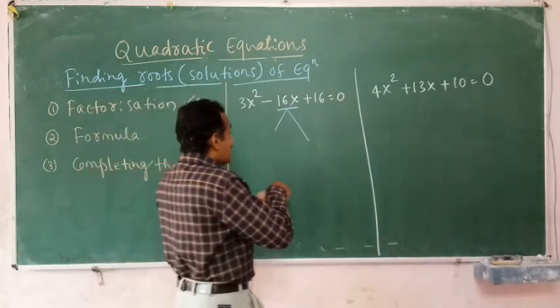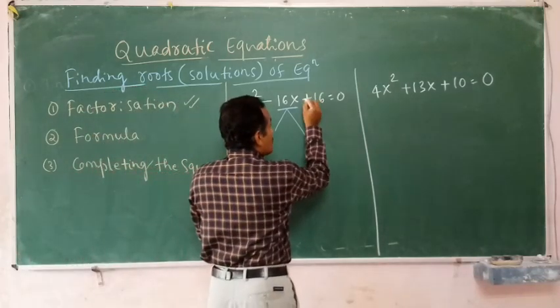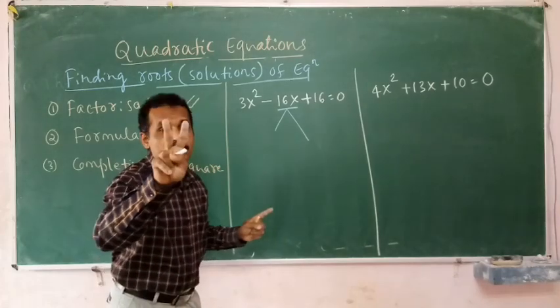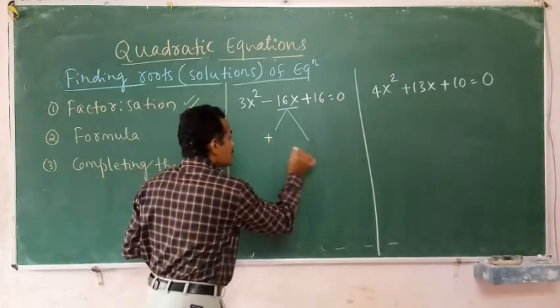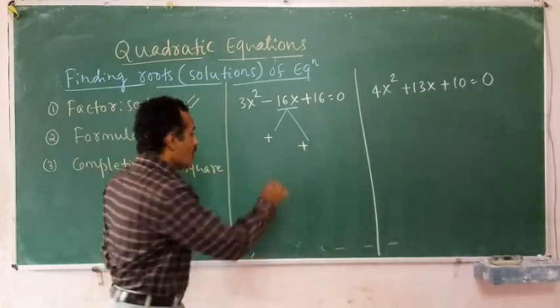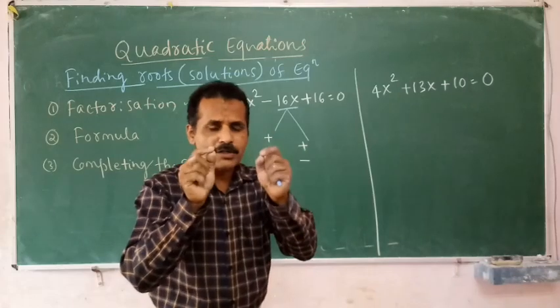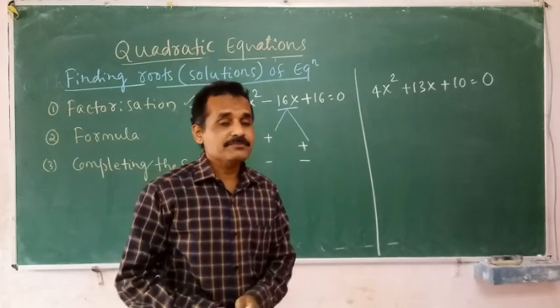Now see, the last term is positive. That means for the middle terms we have two options. Both middle terms can be positive or both middle terms can be negative. This is a very important point you have to keep in your mind.